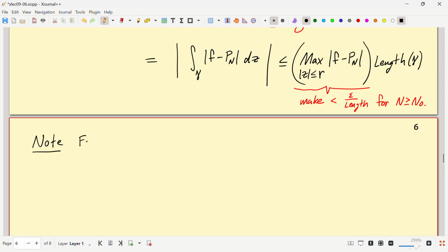Fact, uniform limits of continuous functions. This is a Math 341 fact. Uniform limits of continuous functions are continuous.